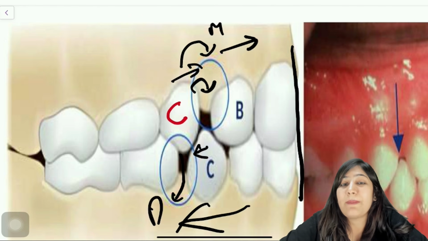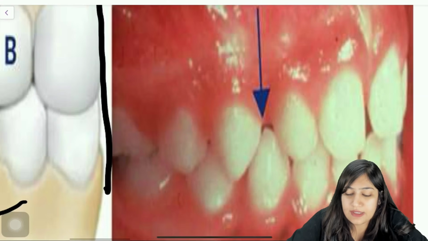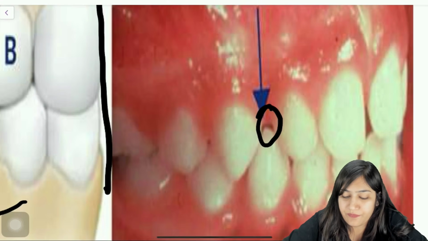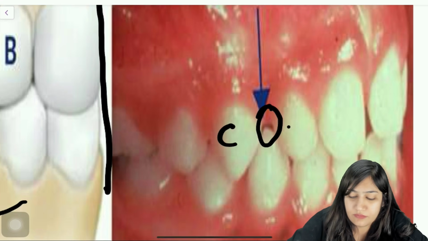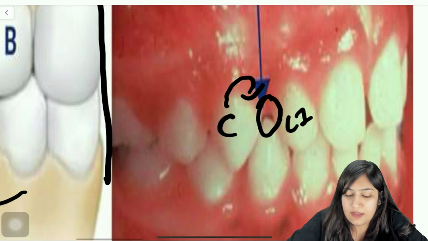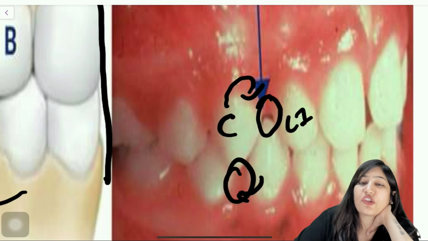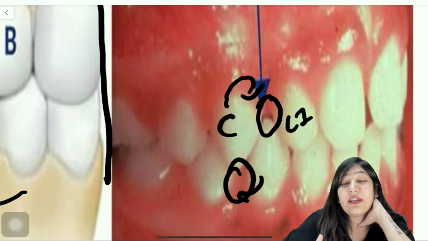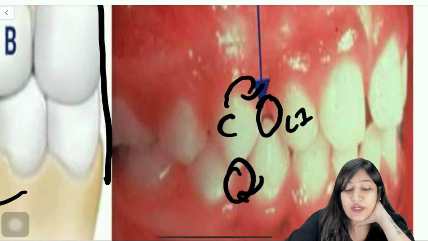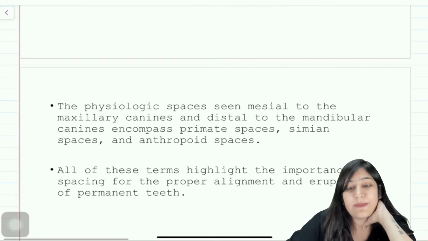So mesial to the maxillary canine and distal to the mandibular canine. In this diagram also you can easily appreciate, this is the canine, this is the lateral incisor. So mesial to the maxillary canine and distal to the mandibular canine, you can see the presence of space, which are primate spaces, also known as anthropoid space or simian space.